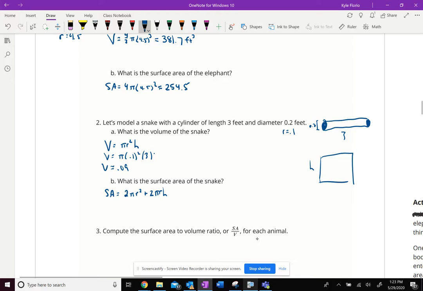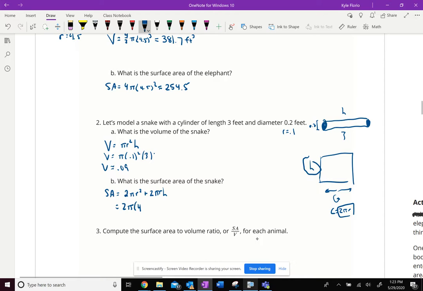And if you took this round circular part and flattened it out, you get this length right here, which would be the distance around the circle, which is circumference, which is 2 pi r. So the area of the rectangle is base times height. So that's where the 2 pi r times height comes from, that's the area of that rectangle, which we add to the 2 circles to give us the surface area.